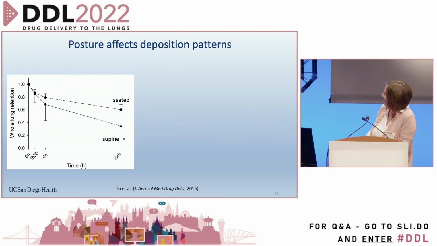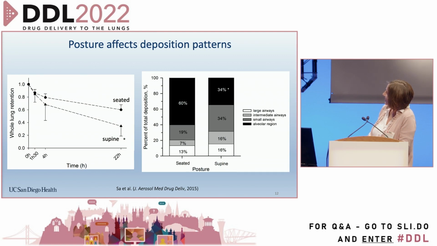The data we obtained showed that in the seated posture, most of the particles, even for 5 microns, that deposited in the lung, intrathoracic, were doing so in the lung periphery. And if you wanted to target the small airways, you had a much more efficient way to do so in a supine position, sorry.